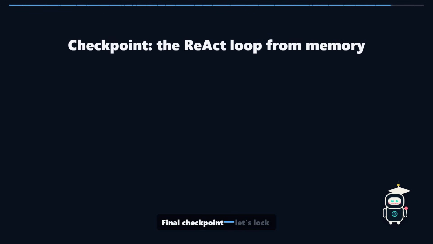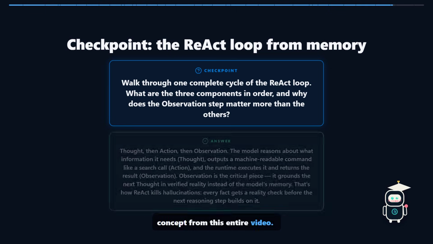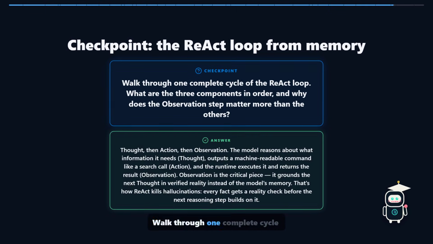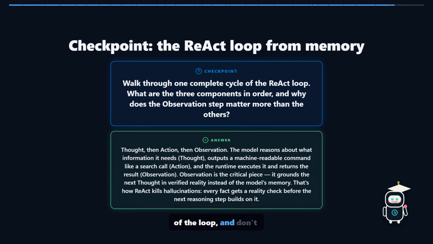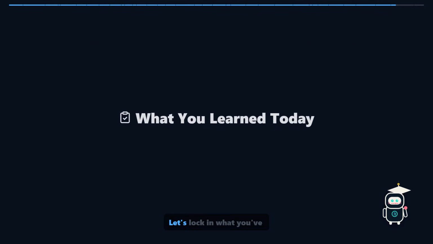Final checkpoint. Let's lock in the single most important concept from this entire video. Walk through one complete cycle of the loop, and don't skip the part that makes the whole thing actually work. Let's lock in what you've walked away with today. 1. You can now explain the ReAct loop from memory. Thought, action, observation, and why it grounds every answer in verified facts instead of model guesses. 2.